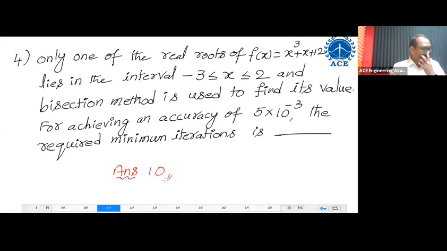No issue. Ten, fine. We'll go to the next model now.